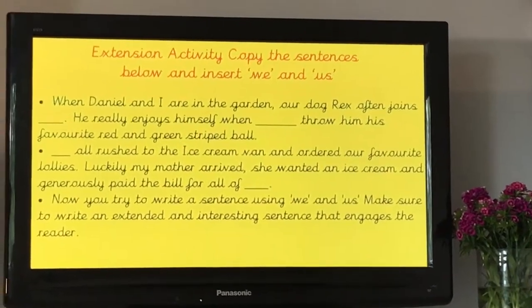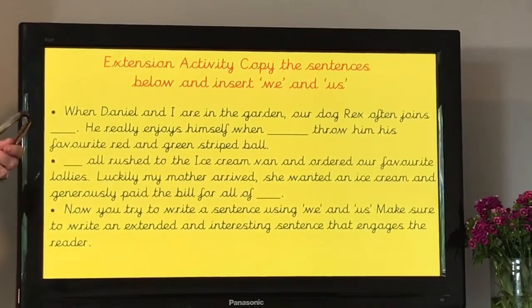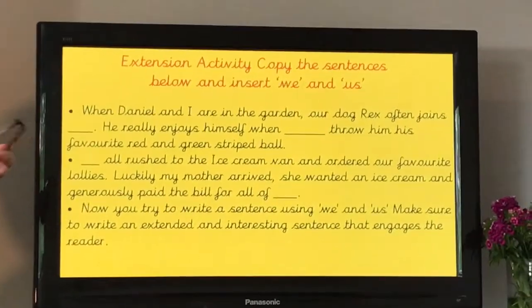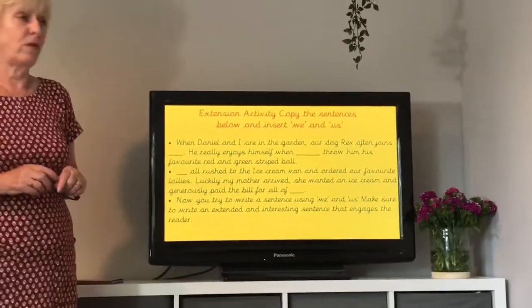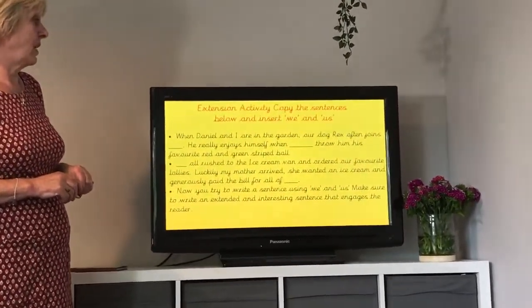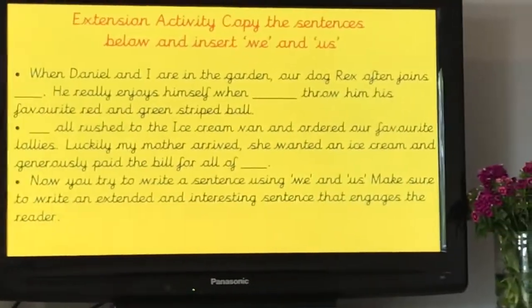Make sure to write an extended and interesting sentence that engages your reader. So it's not just a very simple sentence, it's an extended sentence, possibly with an extended noun phrase that we've used before, or maybe a fronted adverbial, which would be great. Okay, so stop the tape and have a go, and I'll look forward to sharing that with you next time I see you.